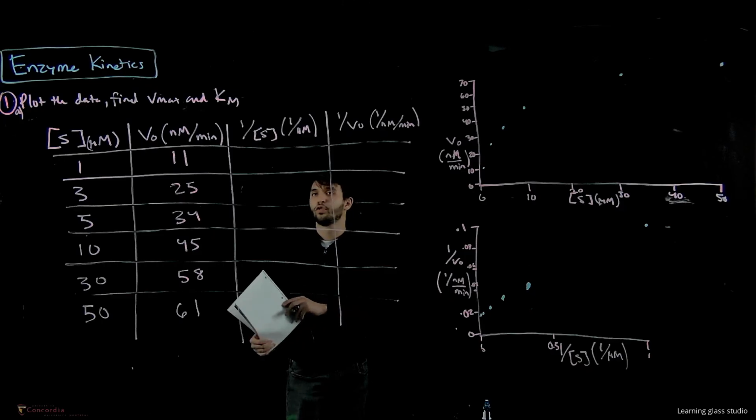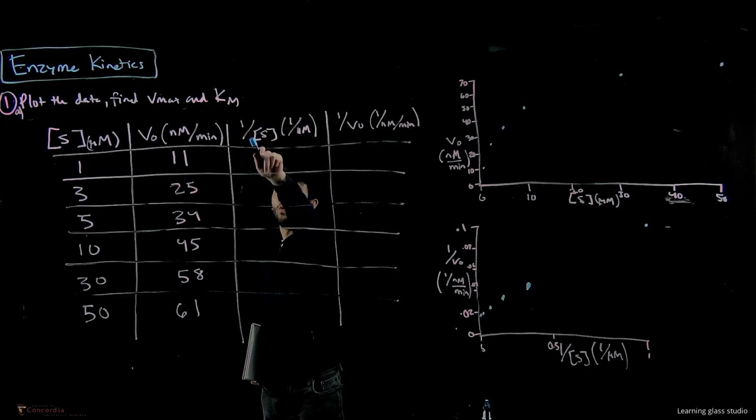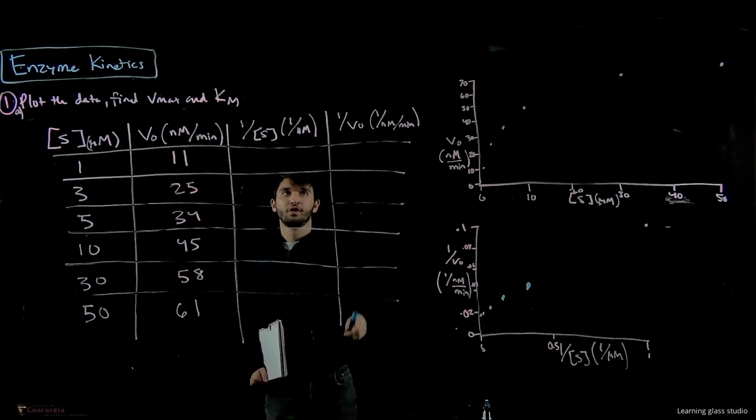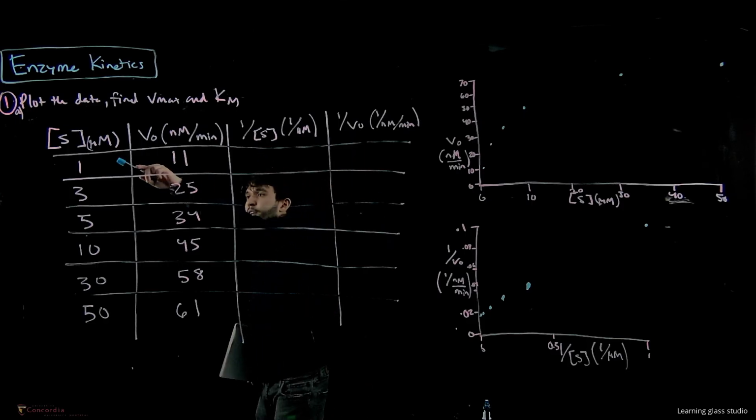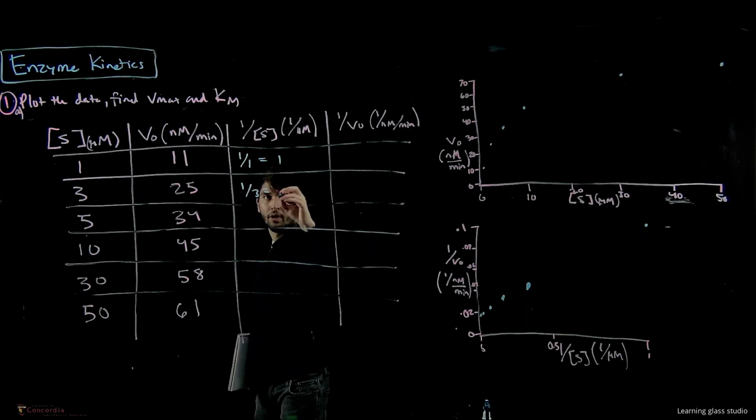So to do that, in this column we do 1 divided by the substrate concentration, and in this column 1 divided by V0. To get this cell, we do 1 divided by 1, which is equal to 1. In this one, we do 1 divided by 3, which is equal to 0.33, so on and so forth.